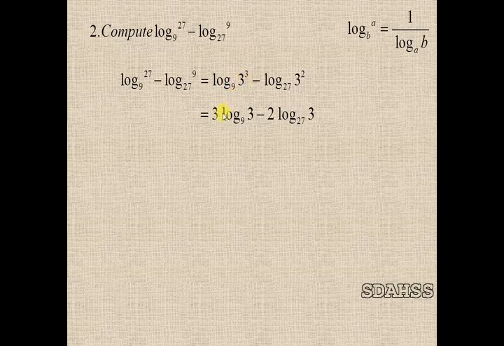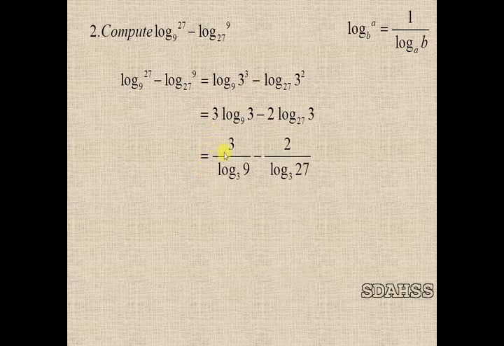It comes in front of the logarithm, so 3 log 3 base 9 minus, similarly here also this 2 comes in front of the logarithm, so 2 log 3 base 27, which is equal to 3 by... here log 3 base 9 is in the form of log a base b, which is equal to, if you take the reciprocal, 1 by log b base a.